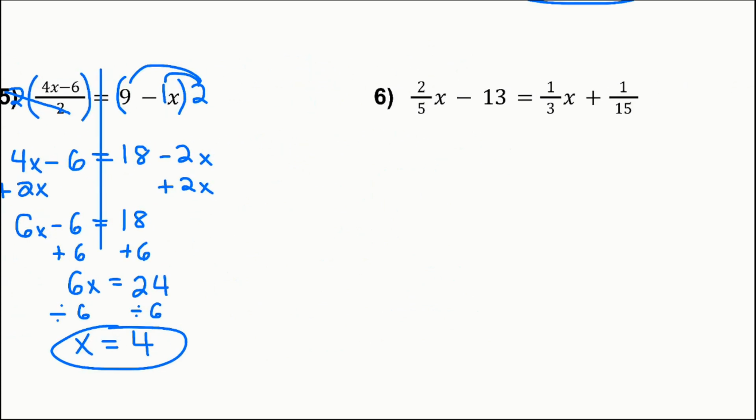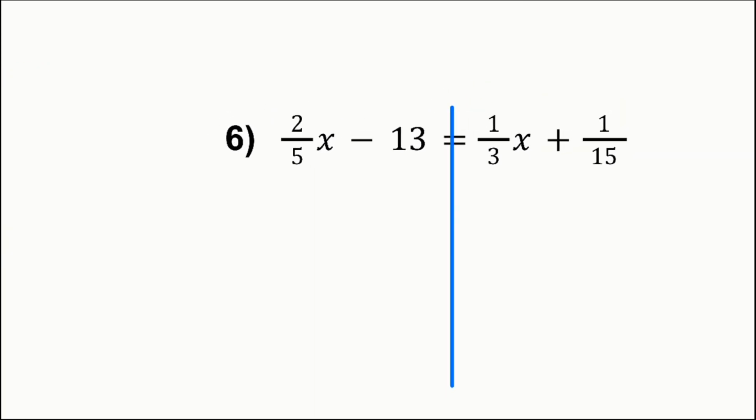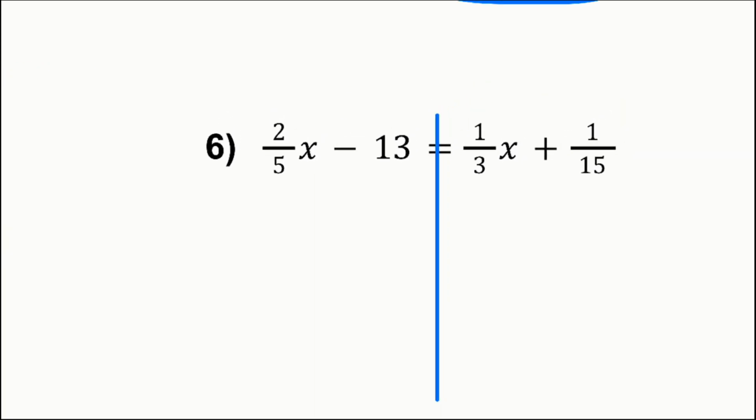The last one that we have, okay, it's just difficult because it's fractions. That's it. Get your variable terms on one side. 2/5, I think 1/3 is larger than 2/5, so I'm actually going to subtract 2/5 here. I could be wrong. And if I am, that's fine.